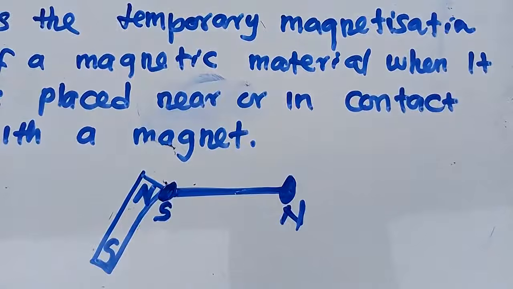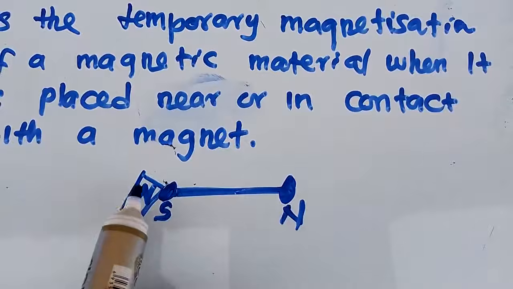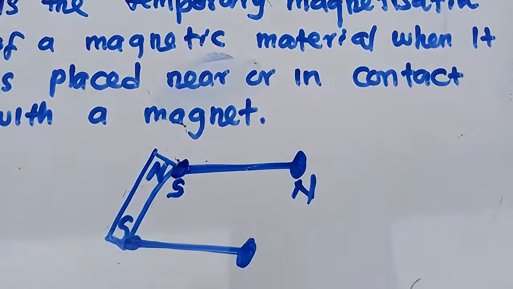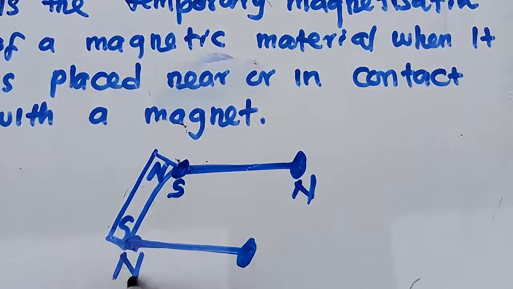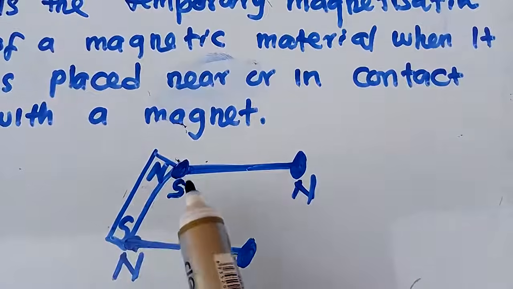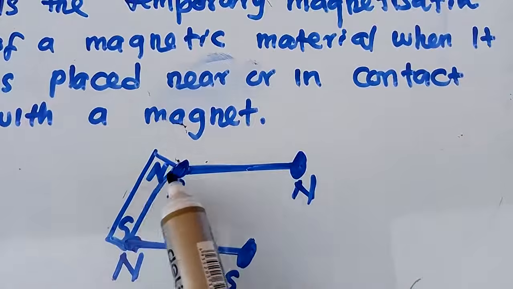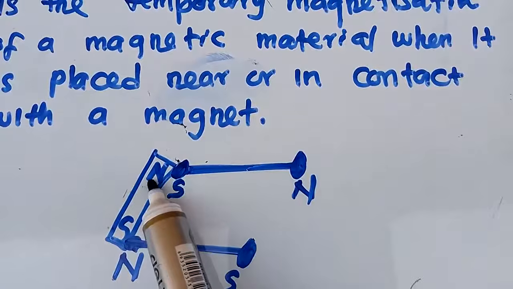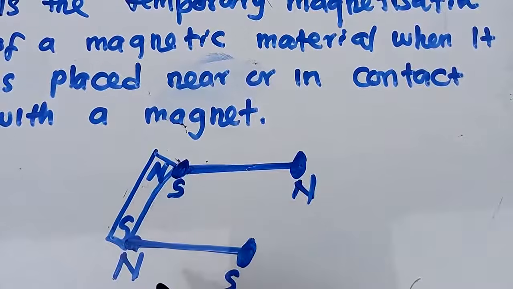If another nail is brought nearer to the south pole, this end becomes the induced north pole and the other becomes the south.